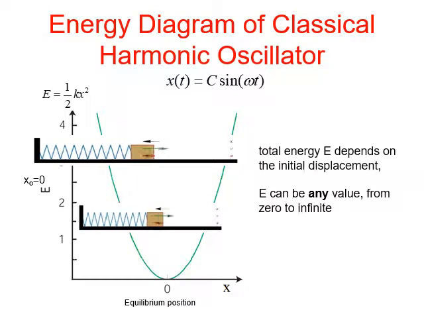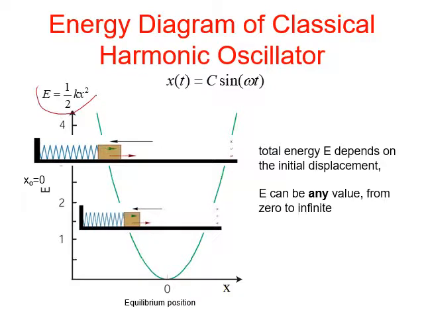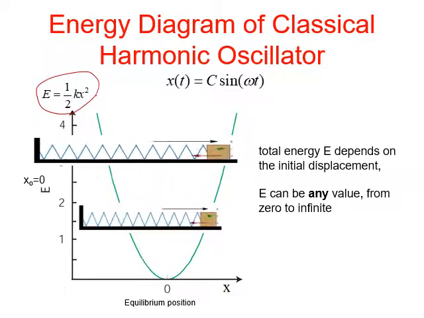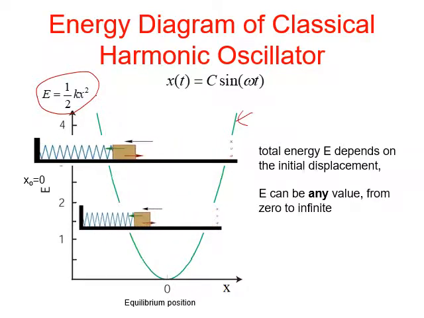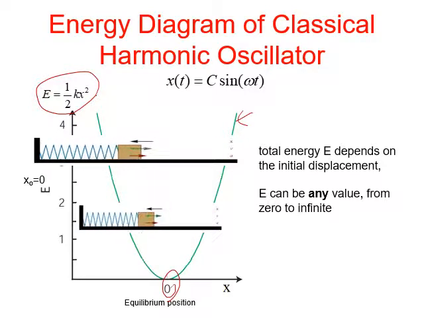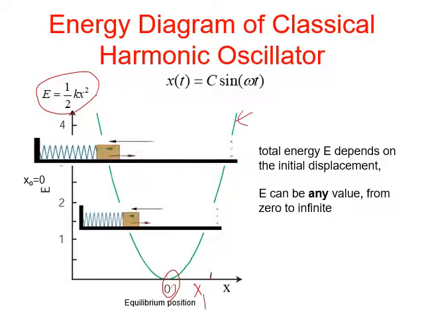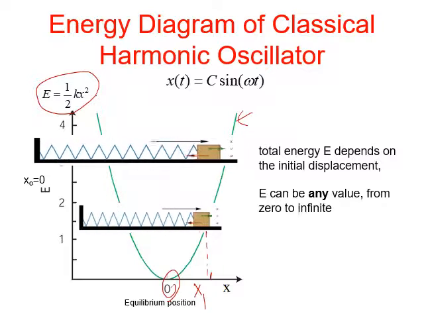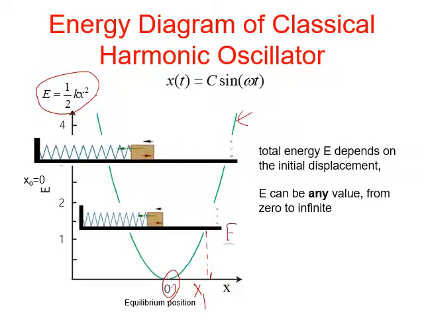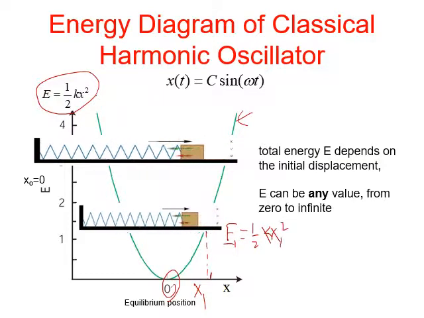Let's look at the energy of the classical harmonic oscillator, which is half kx squared, and the plot is a parabola. The equilibrium position is here. If the object is pulled away, let's say x1, from its equilibrium position, then the energy E1 is half k x1 squared.